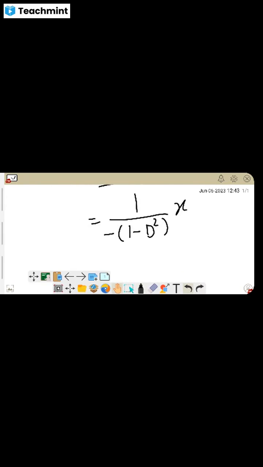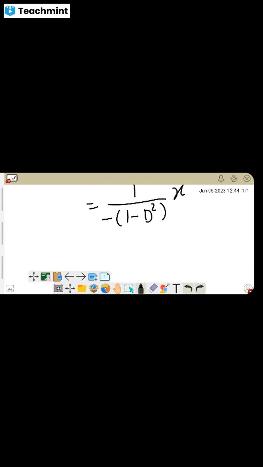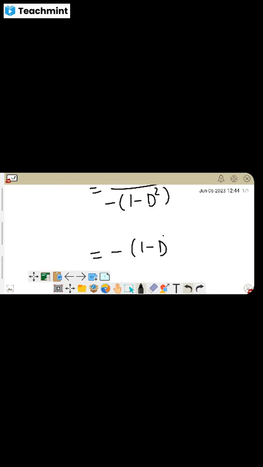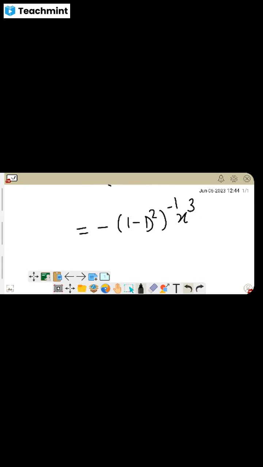So now take this in the numerator. We already have a negative sign, and (1 minus d square) to the power minus 1 into x cube. Now we'll expand this by using the binomial equation.